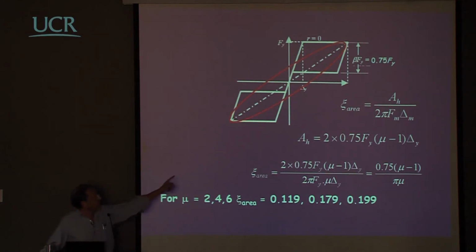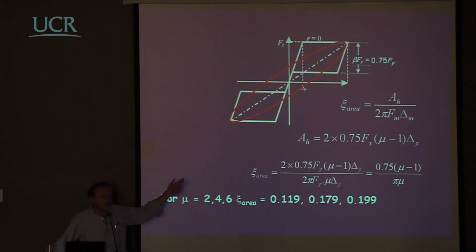That actually is a representation of the formulas that you see there, where you have the calculation of the equivalent viscous damping as a ratio between the hysteretic area divided by the equivalent area in the case of the oval, and you end up with something that, of course, changes significantly if you are assuming a different level of ductility. Because if you are assuming a different level of ductility, you are changing the value in the formula there.